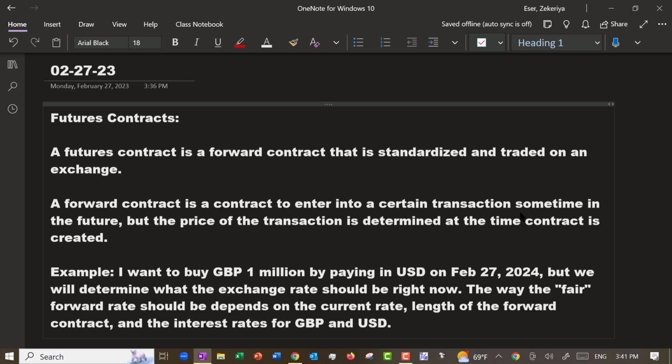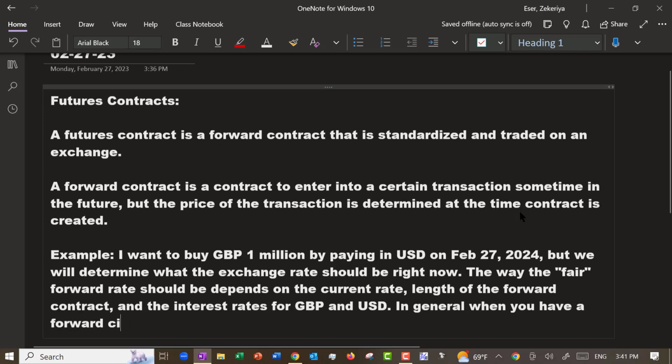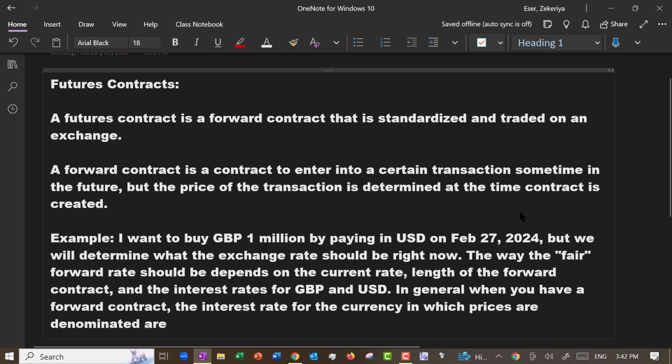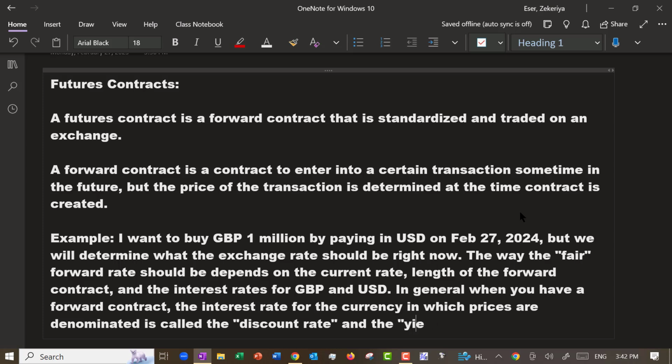In general, when you have a forward contract, the interest rate for the currency in which prices are denominated is called the discount rate, and the yield of the asset is called the asset yield.